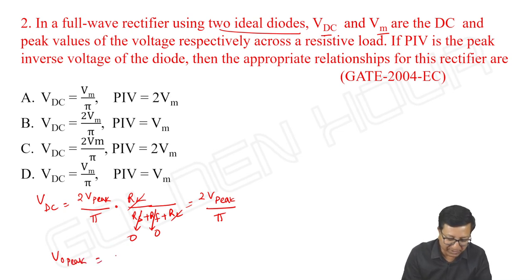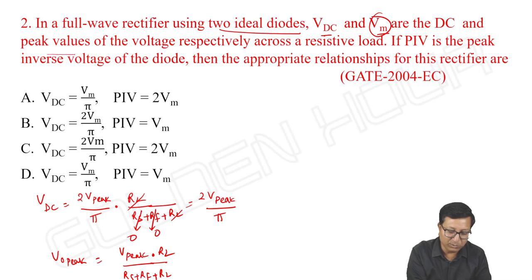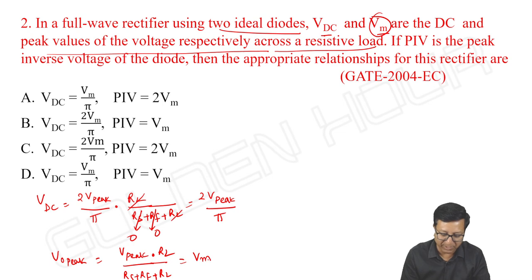So V output peak is equal to V secondary peak, or V peak, by RS plus RF plus RL multiplied with RL, and whose value is given by Vm, the peak value of the voltage across the resistive load. So it is denoted by Vm. This is the notation they are following.